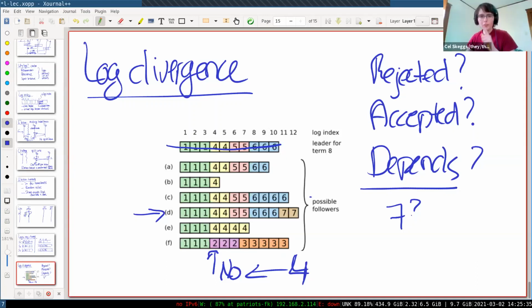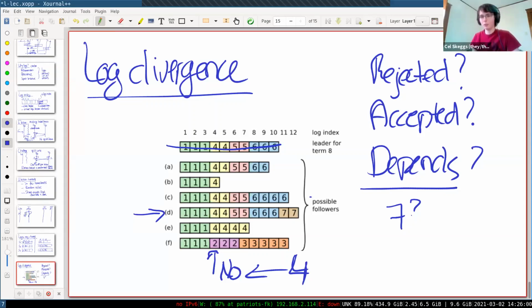It's worth knowing that there's a difference between the term number that a server is at and the term of the most recent entry in the log. Oh yes, that's also true. Server A can have its most recent log entry be term 6, but have its current term number be 7. And its term number can actually be arbitrarily high.